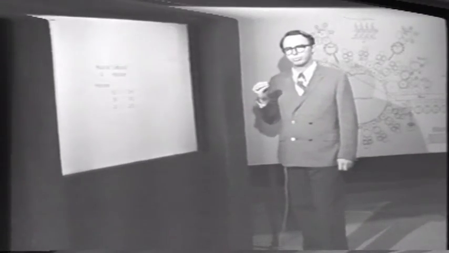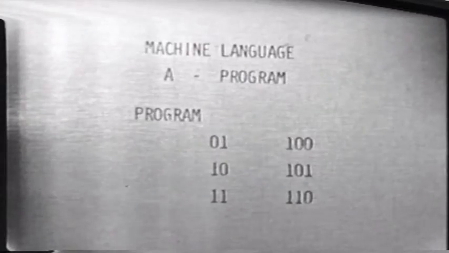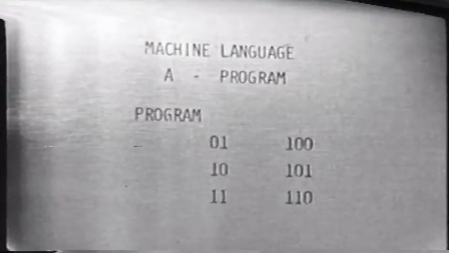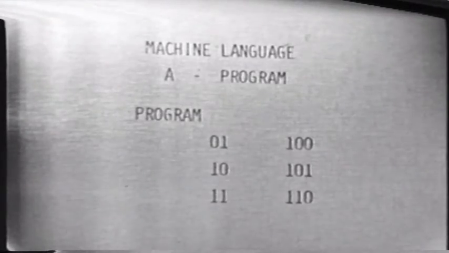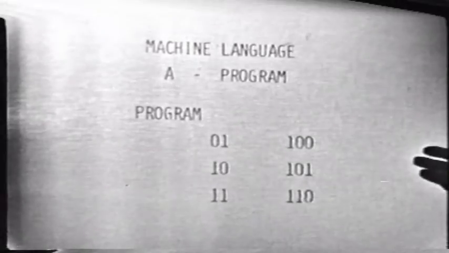Now let's look at a machine language program for this particular machine, this very simple machine. Let's assume that we want to add the contents of location 100 to the contents of location 101 and store the results in location 110. And this would be the program that would do that.